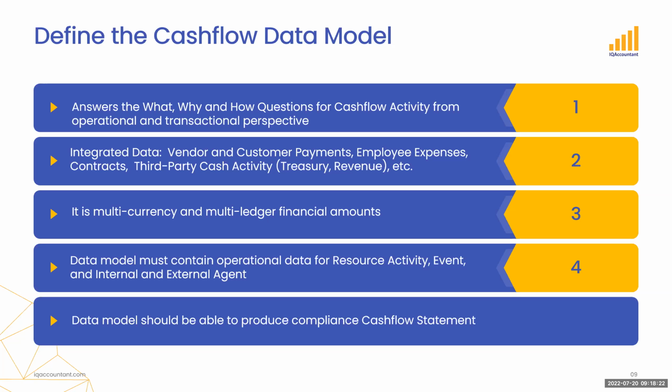So they're responsible, and we can go to them to ask more questions. And then there'll be external agents like the vendors and customers. So that's going to be very important. Lastly, this data model should support compliance reporting. So we should be able to produce a cash flow statement from our data model.